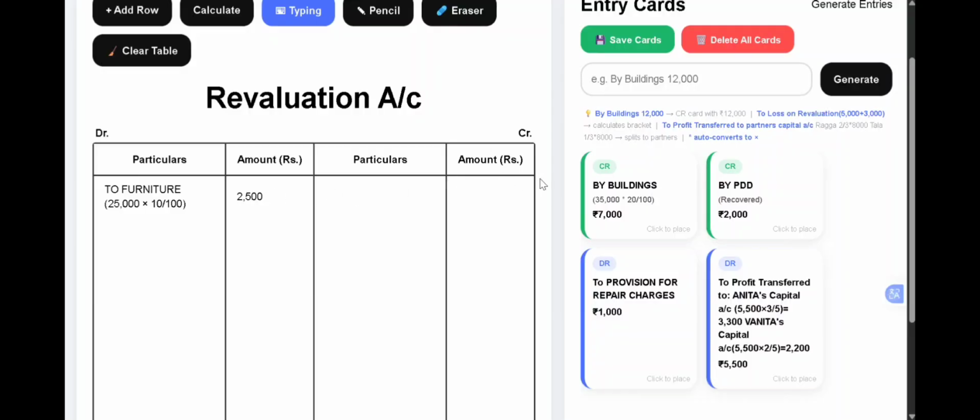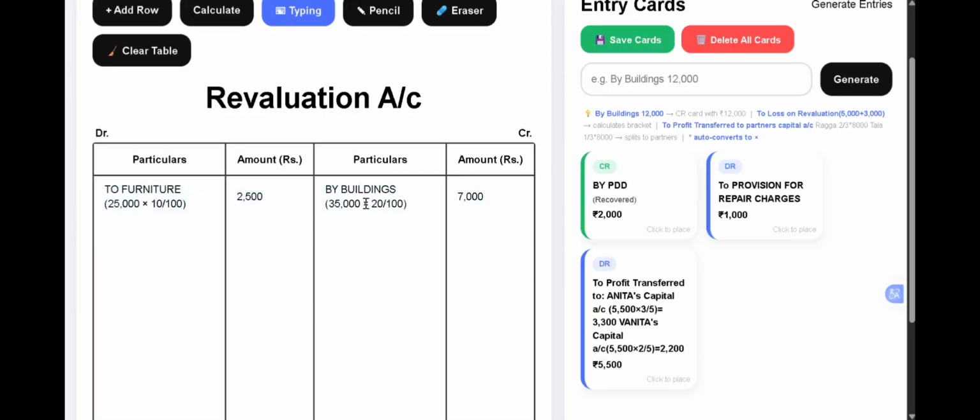And next, we have the appreciation of the buildings. So if this appreciation is increase of an asset, it will appear on the credit side of revaluation account as by buildings, that is 35,000 into 20 by 100, 7,000 on the credit side. Next we have is provision for doubtful debts, which is no longer required.